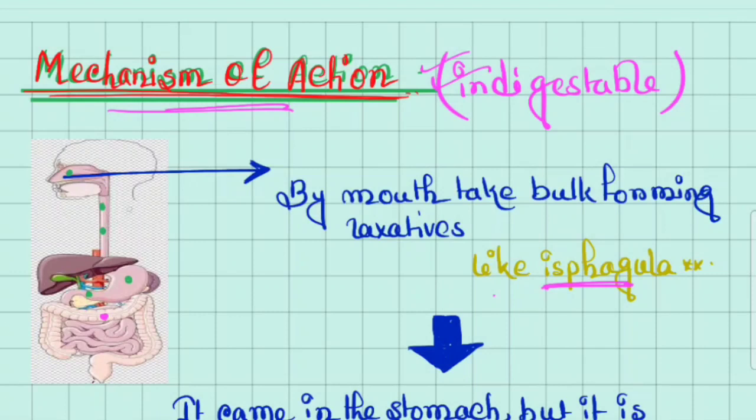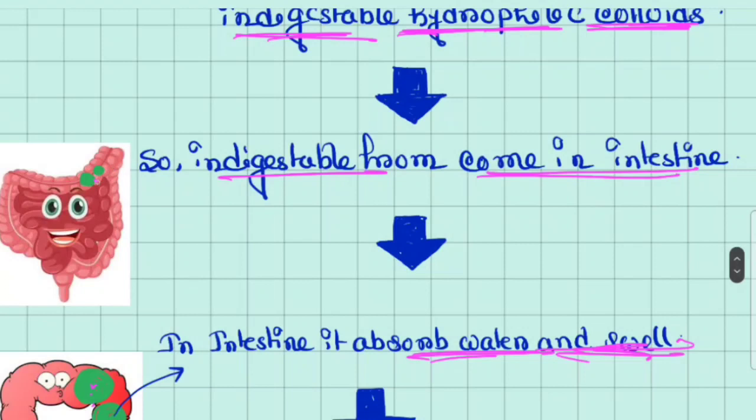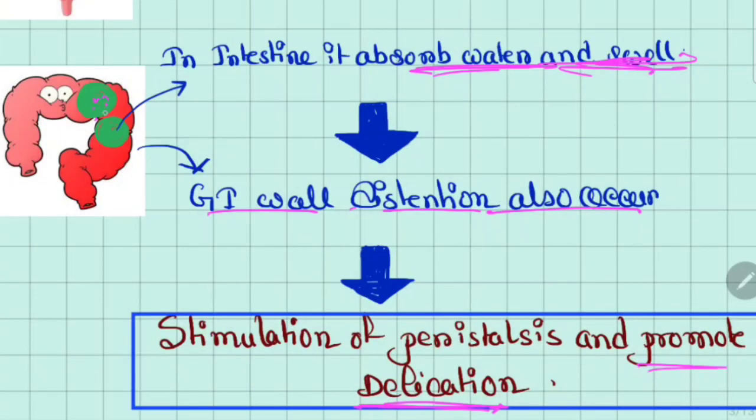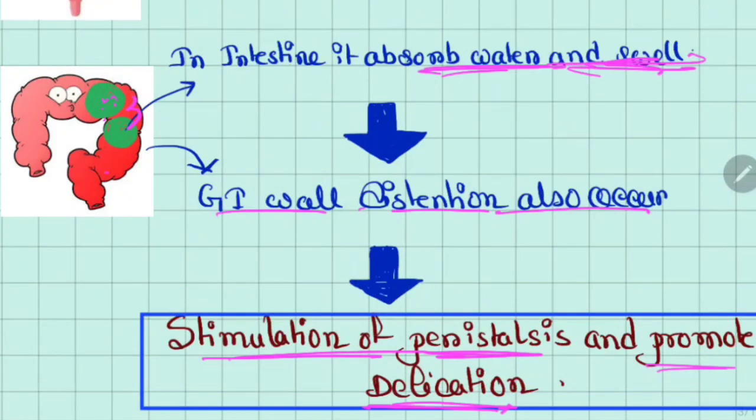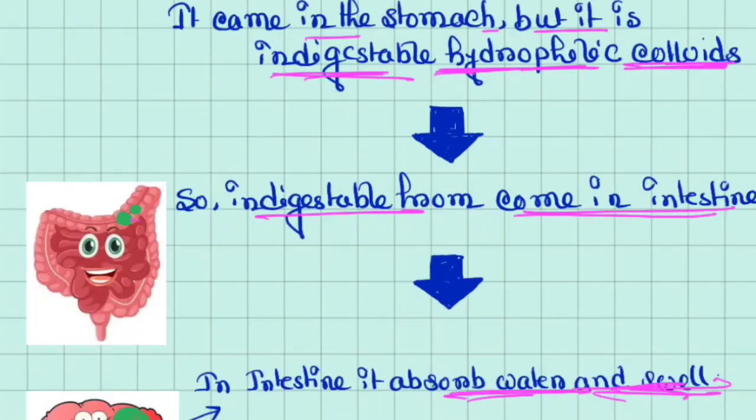So see in this picture, we take the bulk laxative like isabgol by mouth, it is in an indigestible form, so it cannot be digested in the stomach and easily comes into the intestine, where it absorbs water and swells up. When it swells up, it distends the GI wall, which stimulates peristaltic movement, and this promotes defecation of stool. These are the mechanism of action of the bulk laxatives.